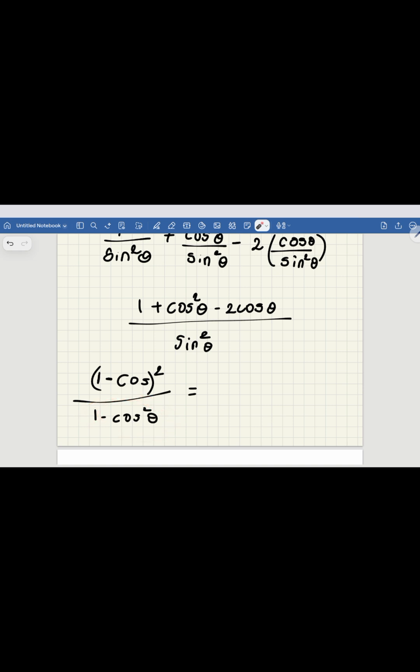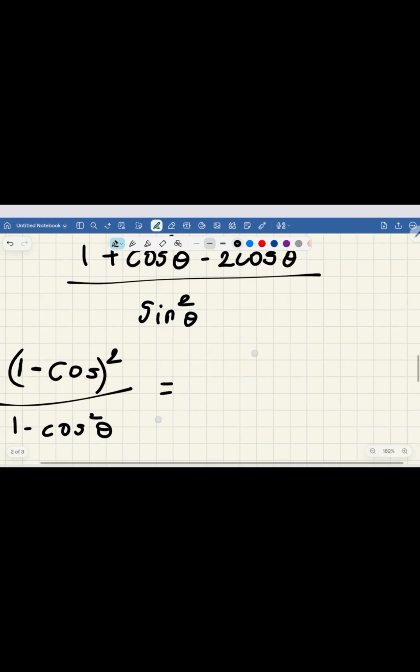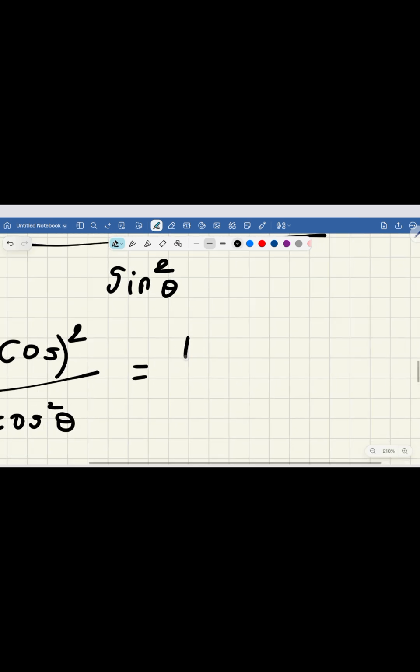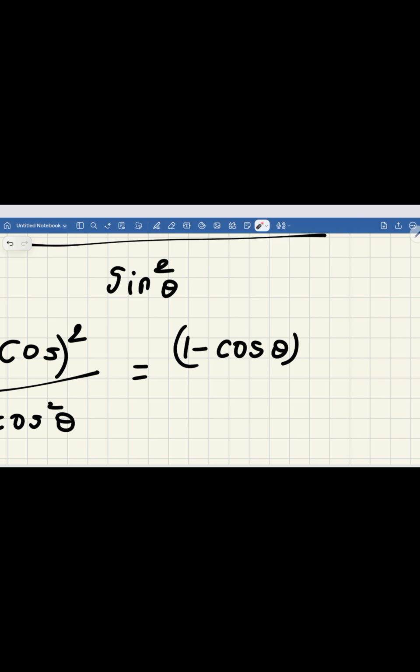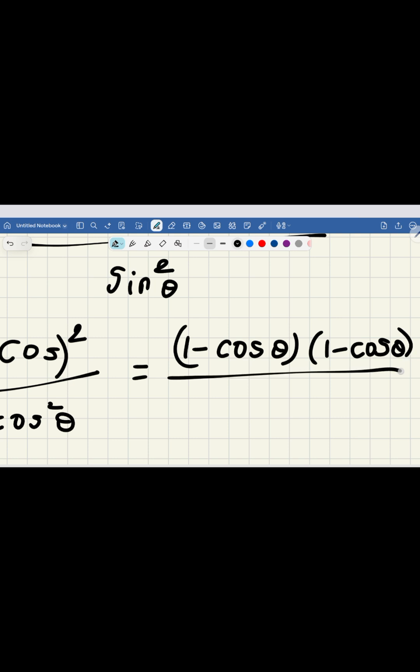I'm going to expand this just for your understanding, but that is not really required. Just don't mind, here I did not keep theta, but in the exam you must remember to write that down as 1 minus cos theta, divided by a big division symbol.